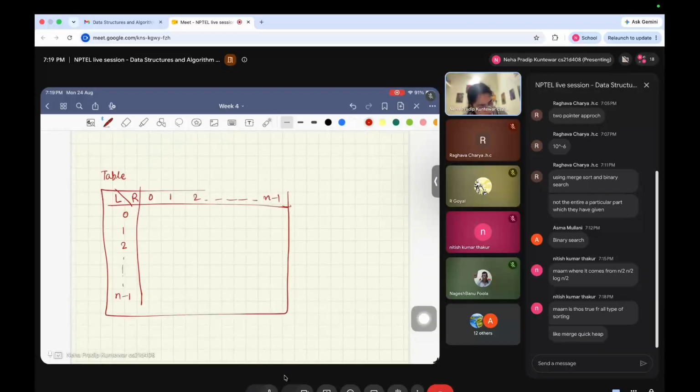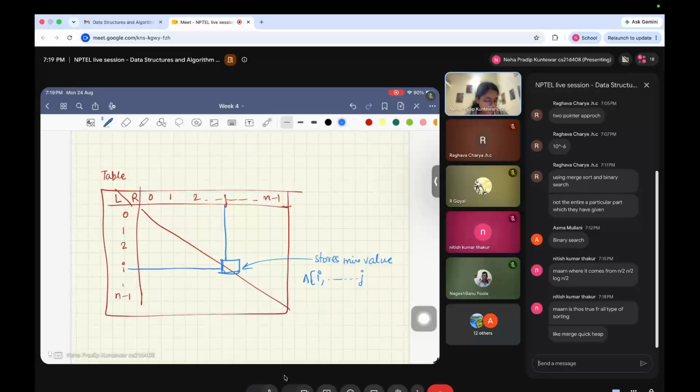So what does it mean? When I look at this table, let's say I look at the ith row and the jth column, this stores the minimum value in the subarray i to j.